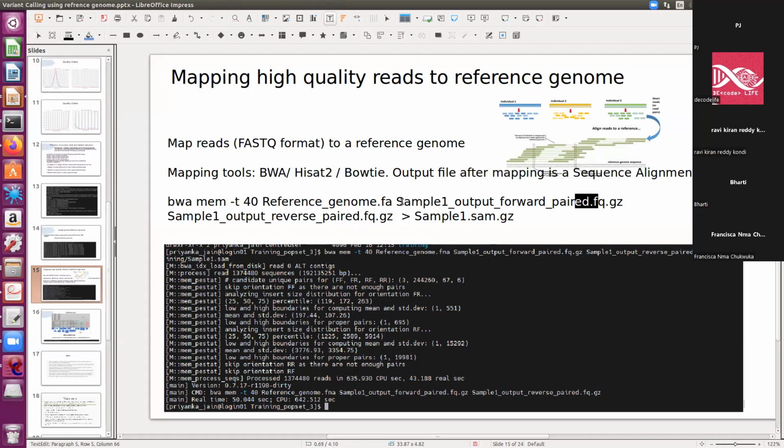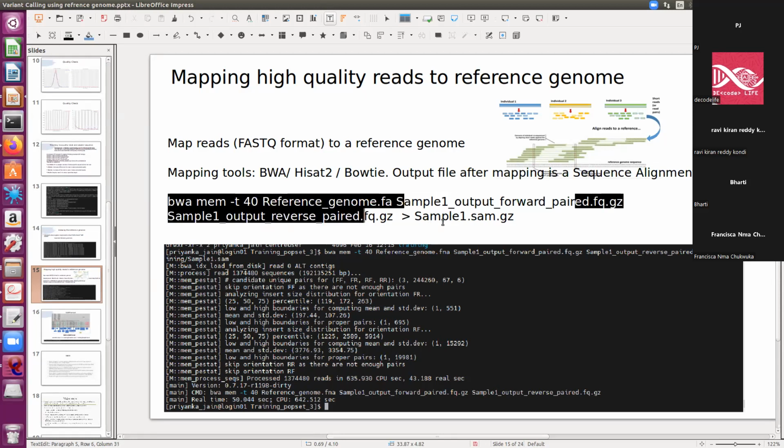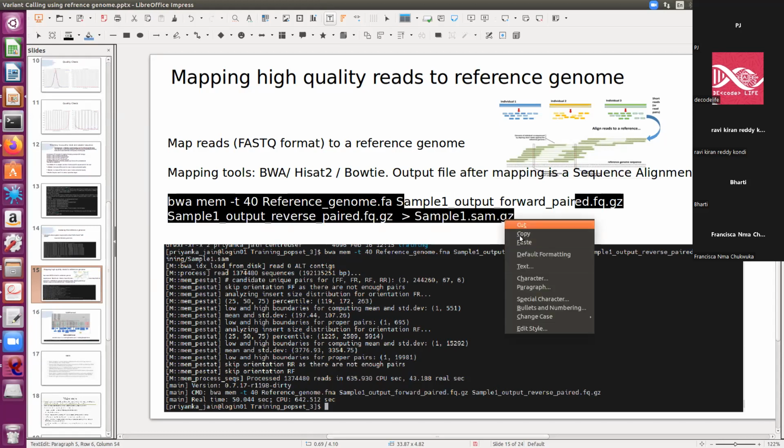We have got 4 files after the Trimmomatic run, but we will be using only the paired files. We will discard the unpaired reads. Sample1 forward paired, sample1 reverse paired, and we will get the alignment file. And this will be the run. I will share the command, and the run will go as shown in the screenshot below.